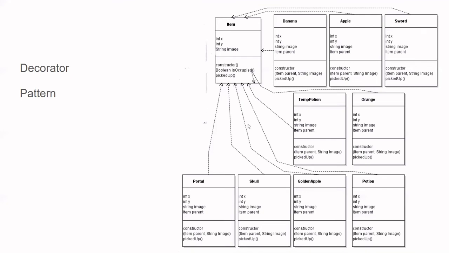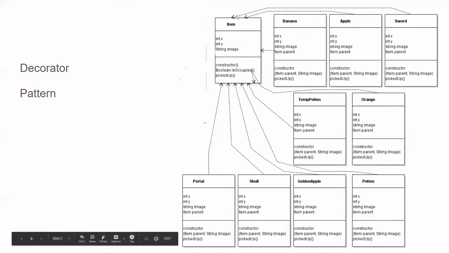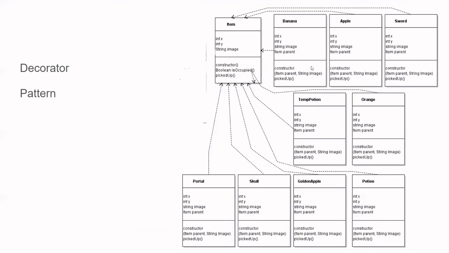Yeah, that's a really good point, Jared. Like Jared was saying, every specific item is wrapped around an instance of the base item class. We could have wrapped specific items around specific items, as in continued to pass in multiple decorators for an item.